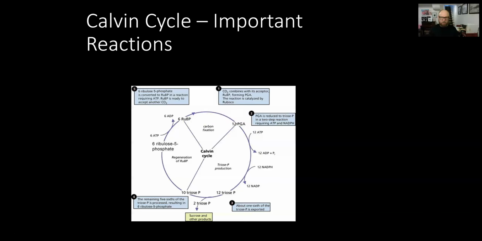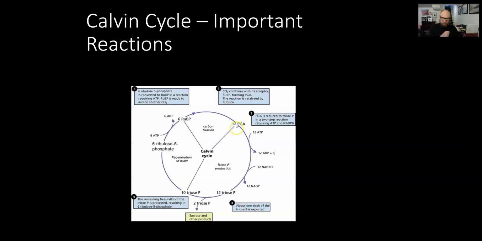We don't need to know the details of it. So that's the very first step, and that's the carbon fixation step. Sometimes when we're talking about photosynthesis, we might say carbon fixation or carbon assimilation. Those are all talking about this process of bringing CO2 molecules into the plant and incorporating that carbon into the plant tissue. So that's that first general step.